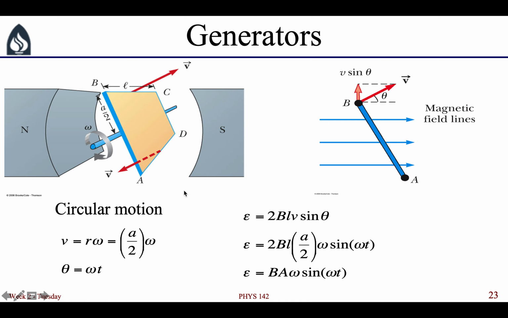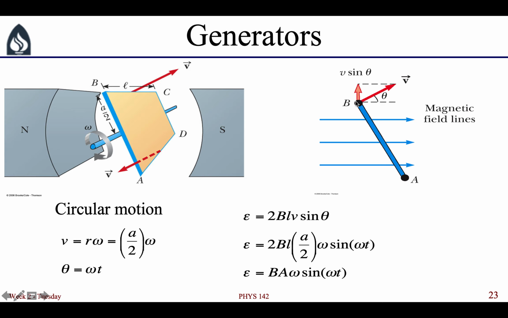Both of those edges consist of conductors that are moving in a magnetic field, and therefore there is some induced motional EMF. We won't take a look at the sides because it turns out the contributions from the sides cancel each other out. But if we look at the top and the bottom, we have these two conductors that are moving in the magnetic field.